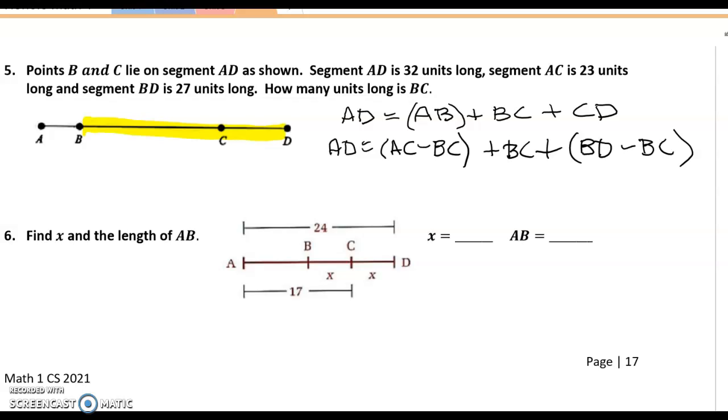All right, doing the same thing to find an expression for CD, we're taking all of BD, subtracting off BC, leaving us with an expression for CD.